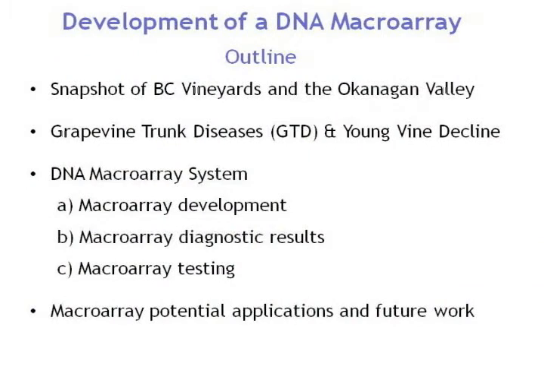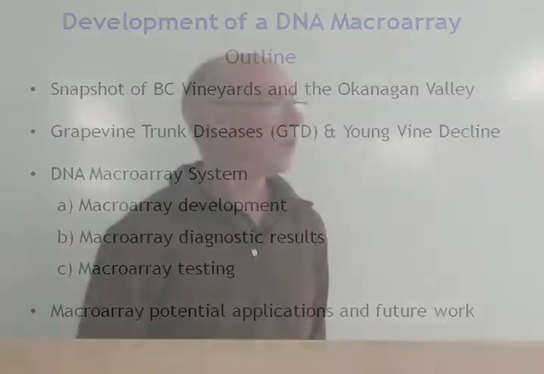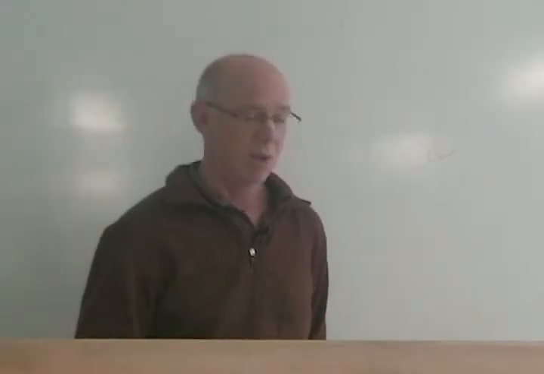I'm just going to give an outline of where the talk is going, so you can follow along. I'm going to give a snapshot of the Okanagan Valley in British Columbia and the wine regions where production occurs in BC. I'm going to follow that up by talking about grapevine trunk disease and young vine decline, and the impact that it has on grape growing in British Columbia.